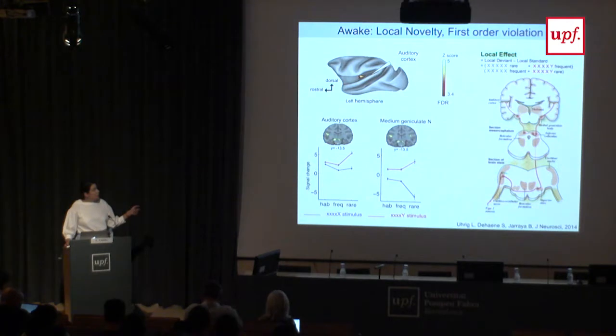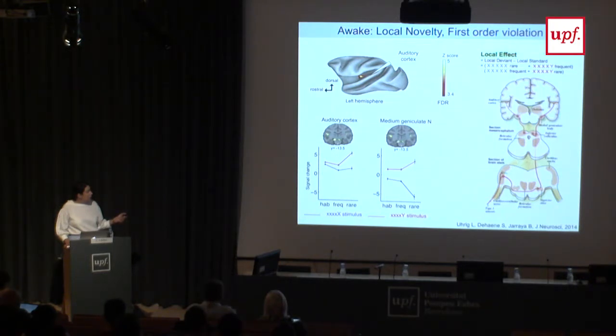What about the local novelty? The local novelty is only that you get an unexpected sound in the trial you present to the monkey. And what we could show is that, like in humans, this unexpected sound is perceived in the auditory pathway. There it's the auditory cortex of the monkey, that's the monkey brain that you see there.